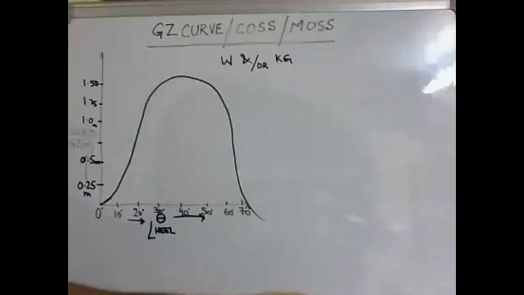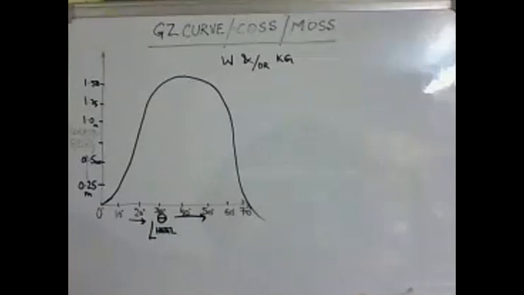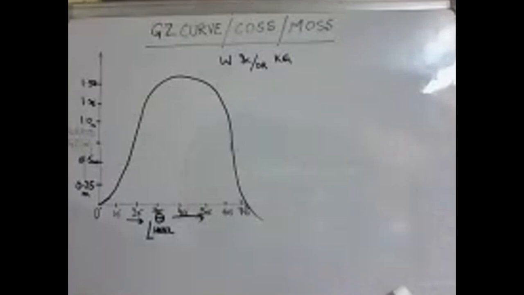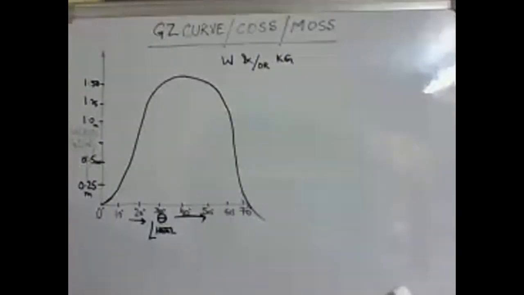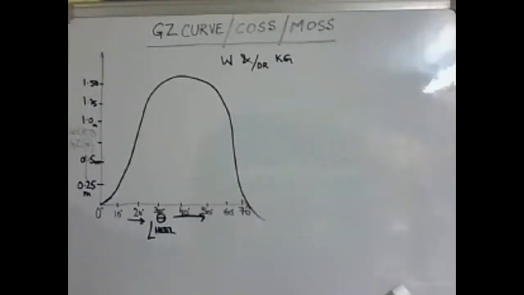If any of the two values change, the GZ curve will change. Hence, it is condition specific.